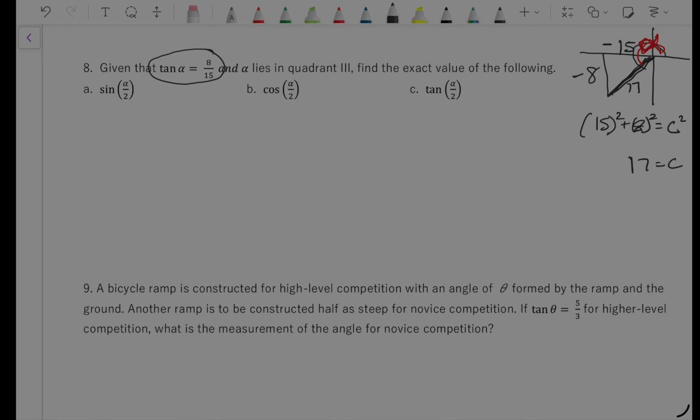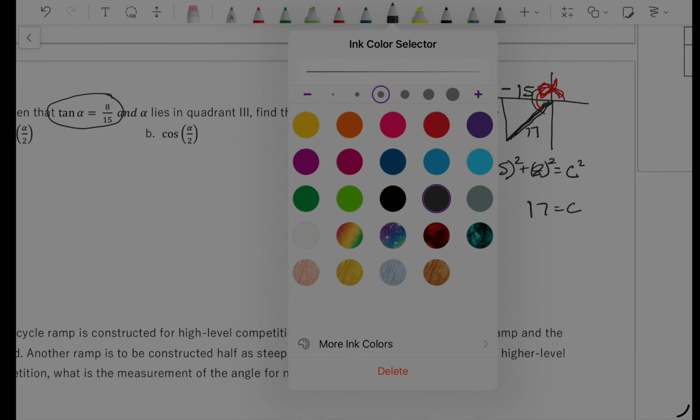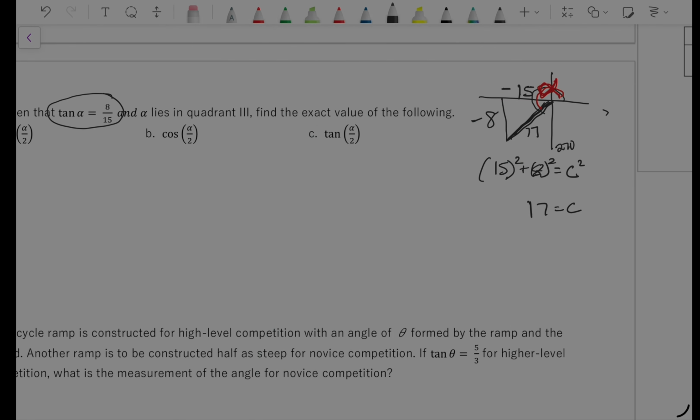So let's talk about what it means to be half. If my angle is between 180 degrees and 270 degrees, and I'm cutting the angle in half, well, half of 180 is 90. Half of 270 is 135.